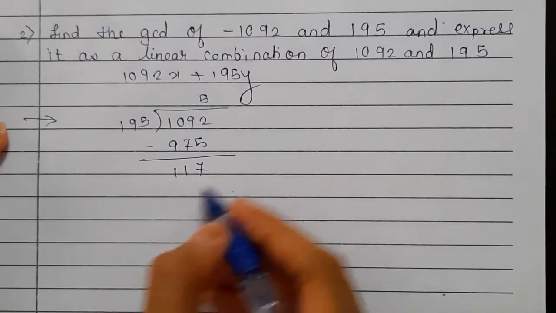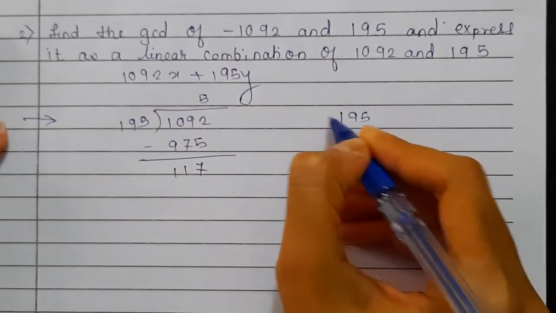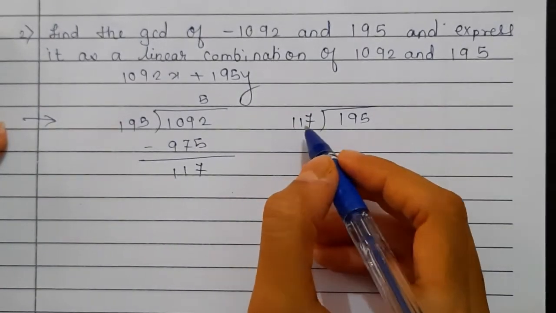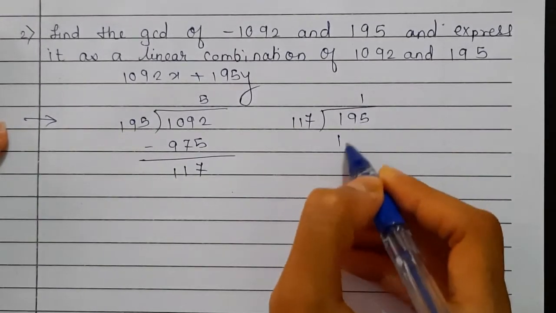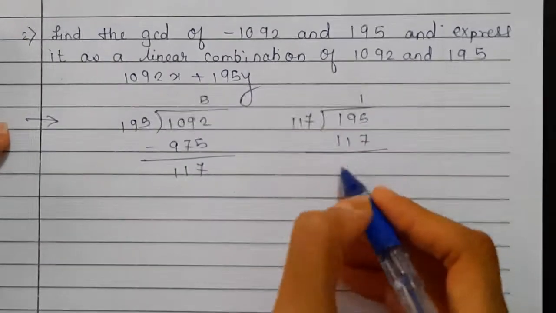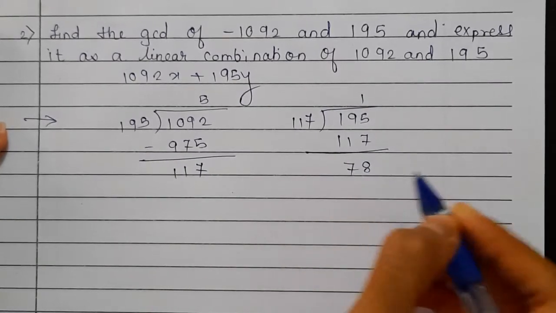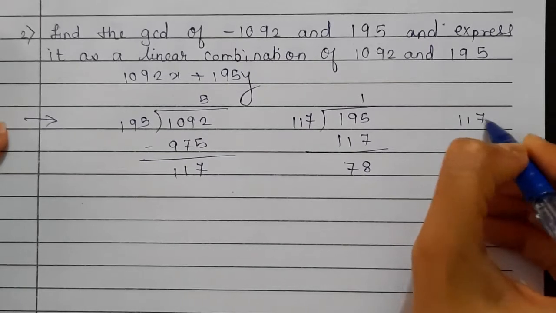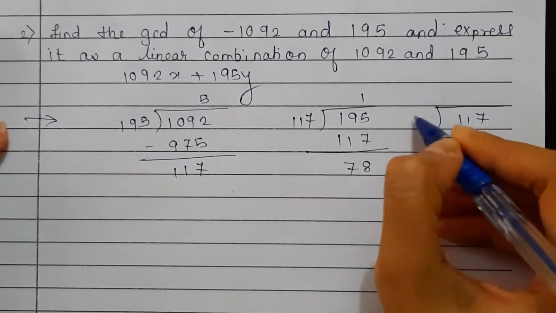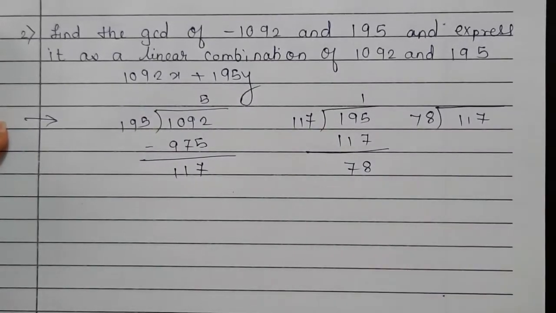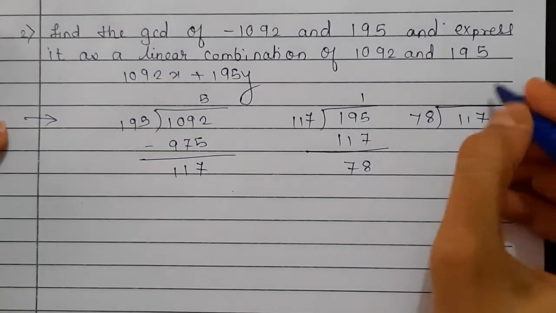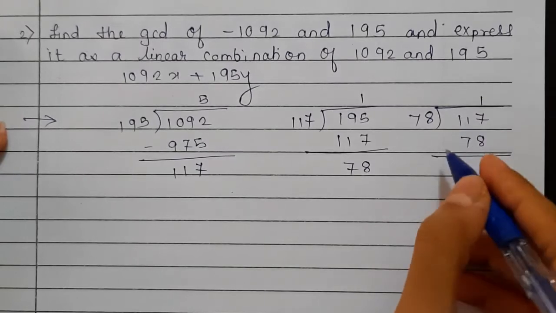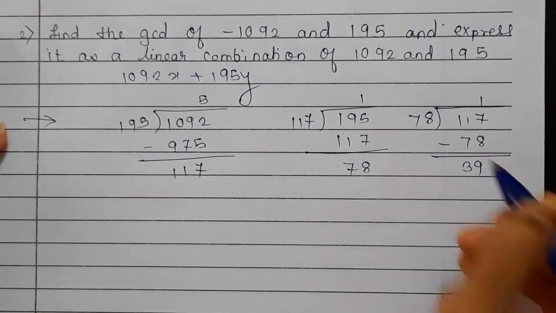Now again we divide 195 by 117. 117 times 1 is 117, so here we get the remainder 78. Now we divide 117 by 78. 78 ones are 78, so we get the remainder 39.